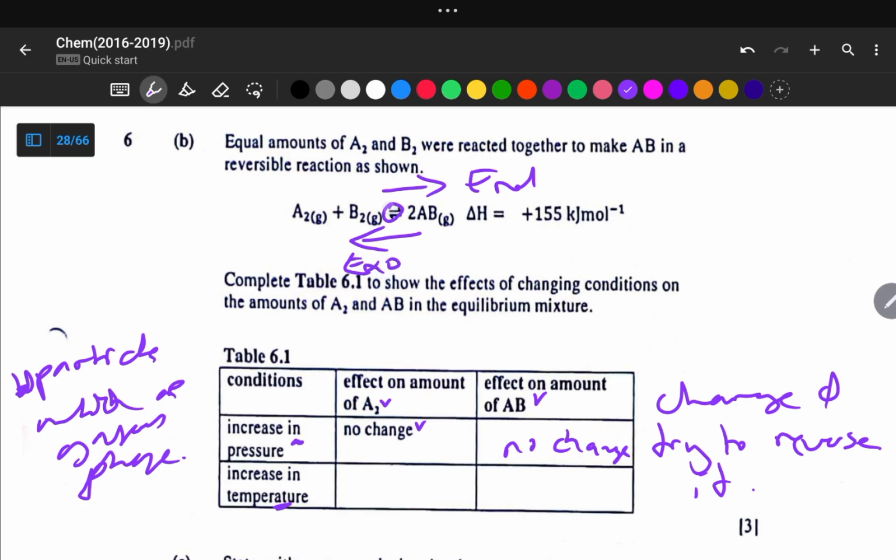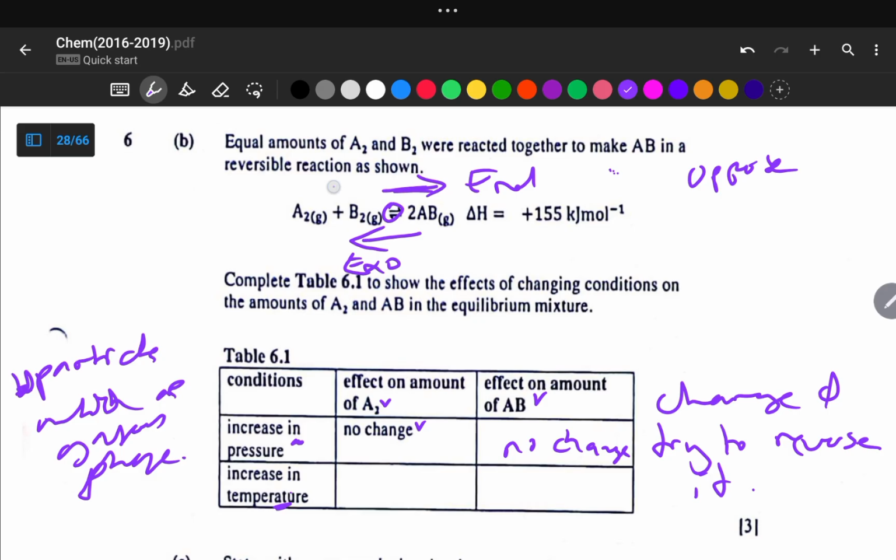This is a reversible reaction, meaning it proceeds in either direction, right? So the question is saying, if we increase temperature in this reaction, we are going to favor the forward reaction, which absorbs the increased heat so that we maintain the temperature, right? We said according to Le Chatelier, we oppose.